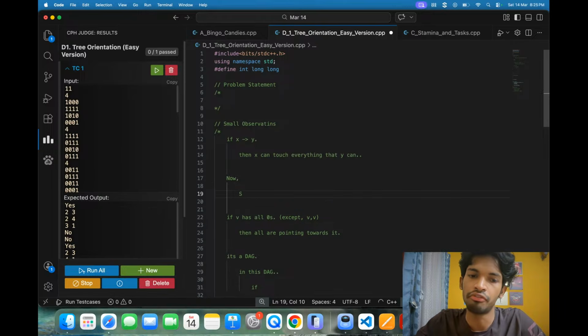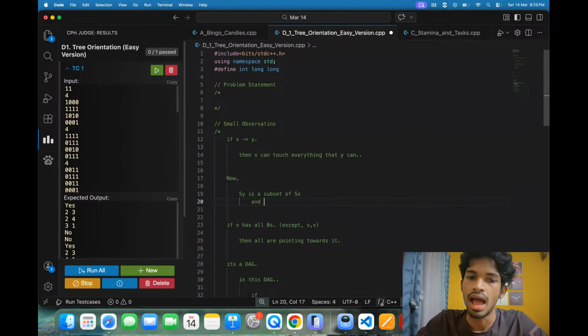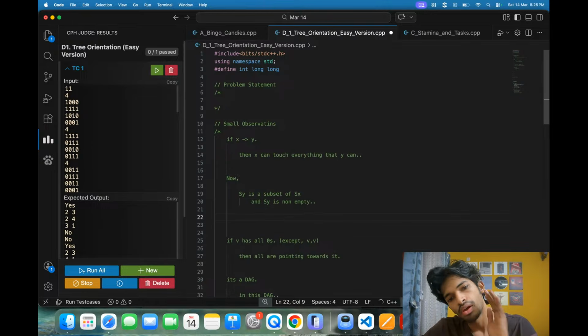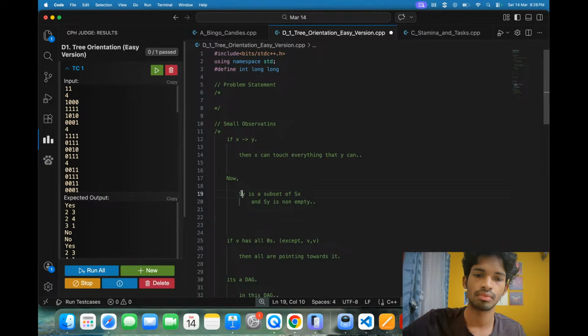If the set Sy is a subset of Sx and Sy is non-empty, then what can you say?